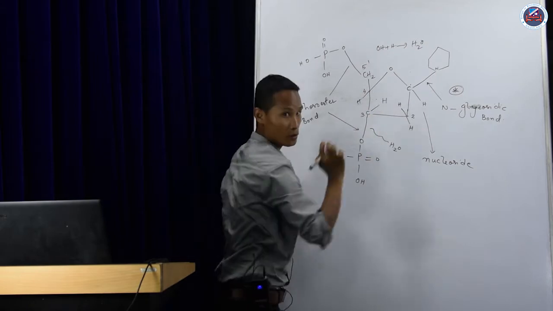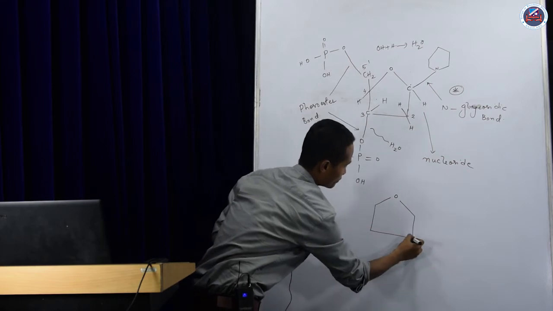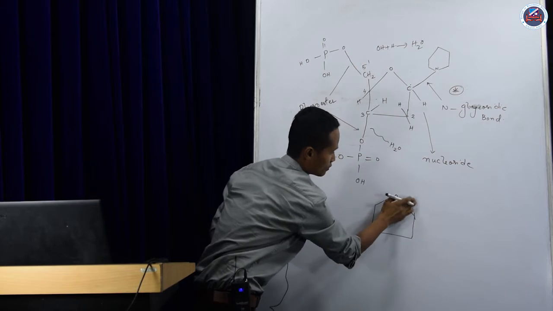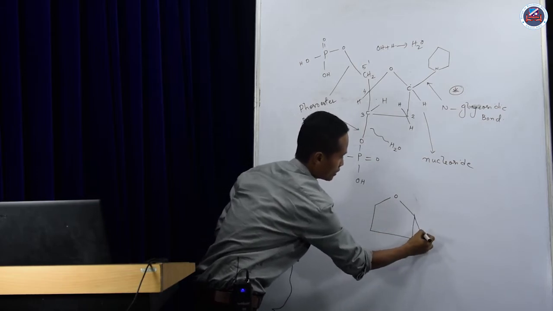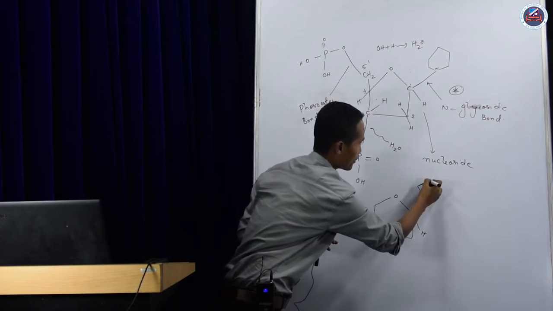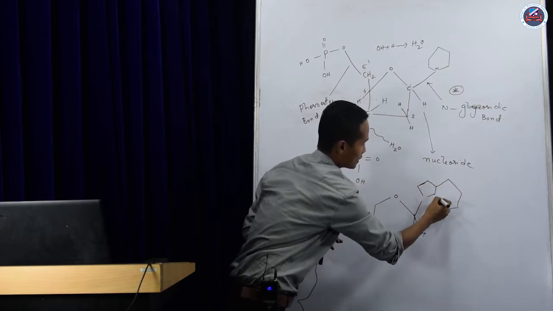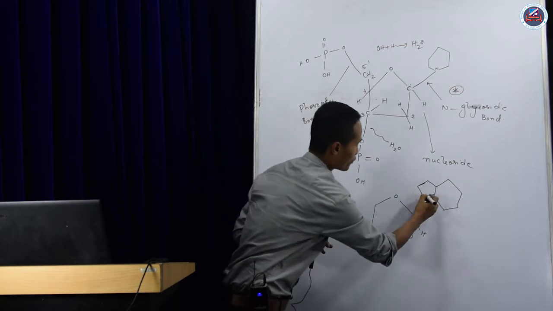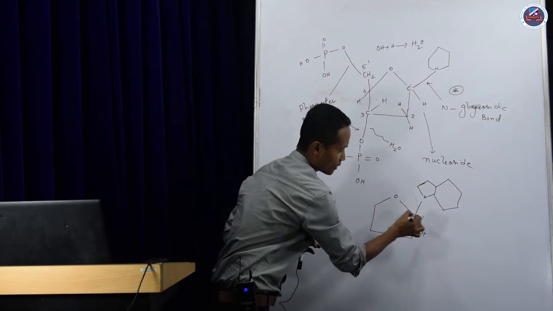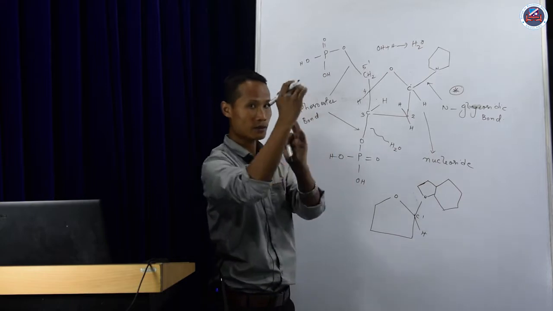Once the phosphate group is attached, the pentose sugar will come. Let me make another pentose sugar, and let me make one purine. Last time I showed you the structure of purines. So carbon number 1 of the pentose sugar and the nitrogenous base will form a bond.